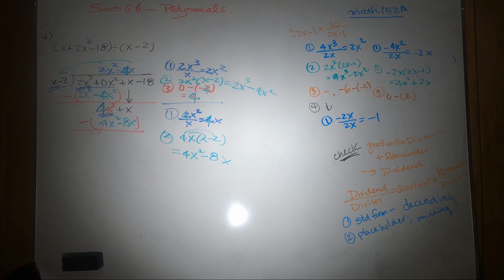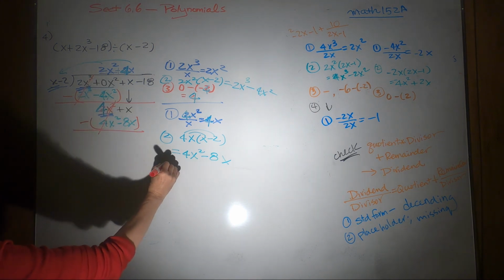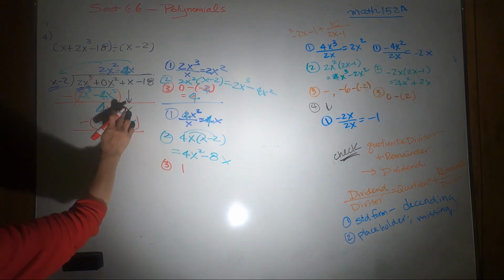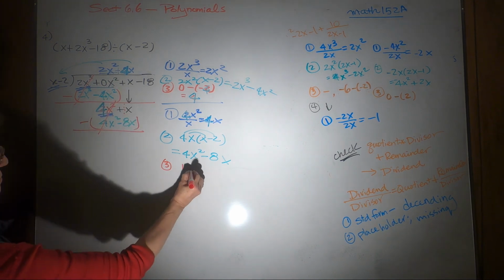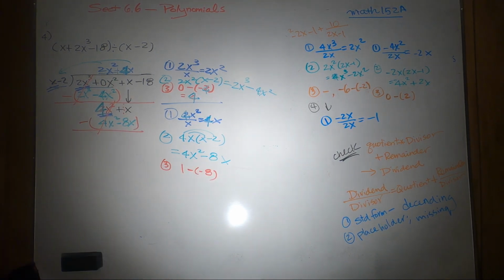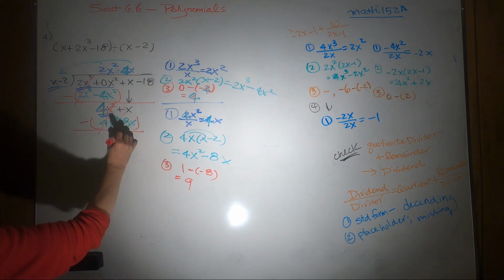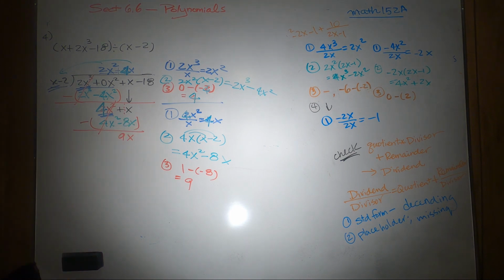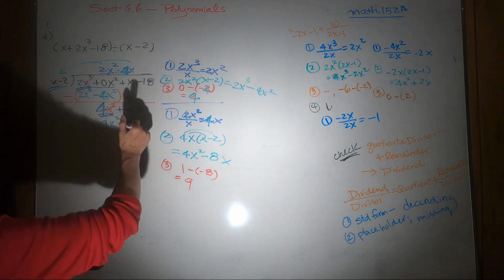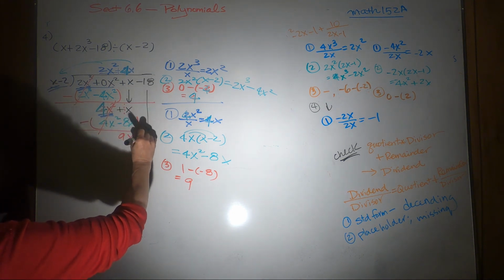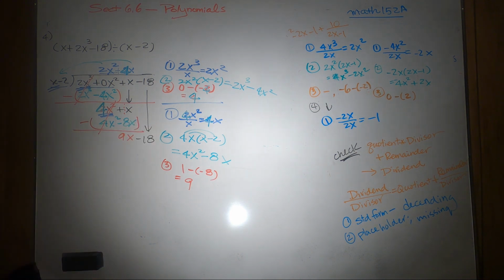Those cancel out. Then we better write it down, so we have 1 of the x, that's an invisible 1, minus negative 8, which is 1 plus 8, it's 9x, right? So we need to be careful with all the signs. Just have to be patient with yourself, right?